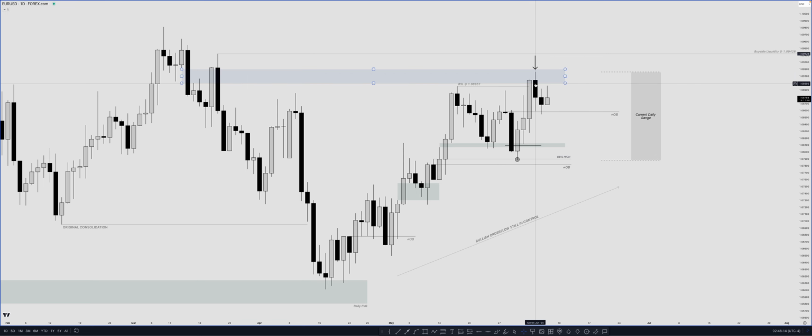From that point, our eyes immediately go to opposing PD arrays. So in this case, as we are in a bullish order flow, our eyes go to bullish PD arrays. So in that case, what we focus on right here is, of course, the equilibrium of this dealing range that I have marked, and the order block right here.